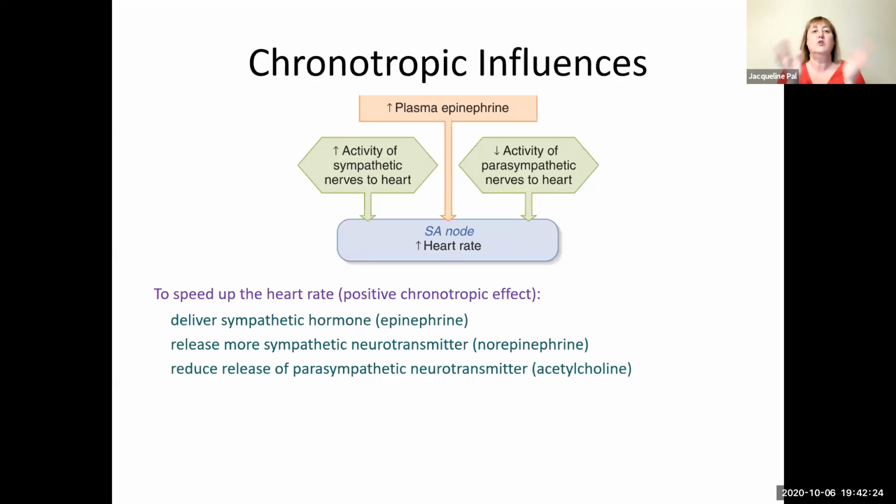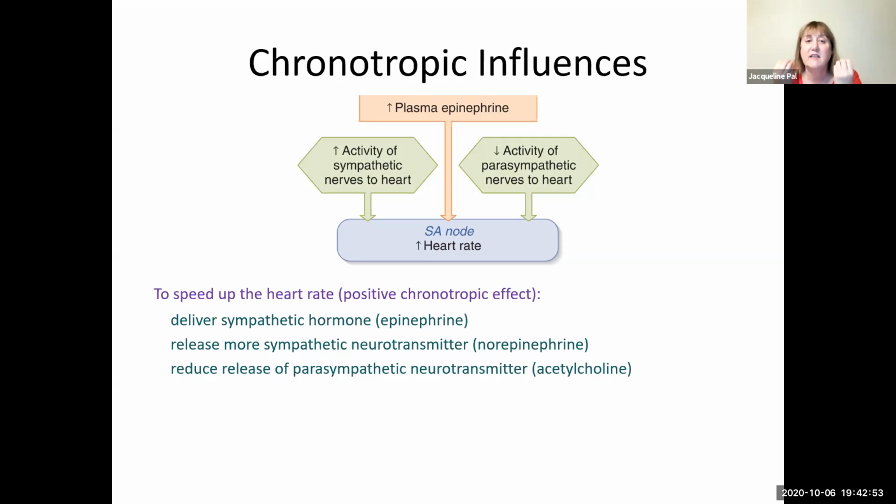Looking at chronotropic influences, in other words, things that increase the heart rate, as we all know, plasma epinephrine and norepinephrine increase the heart rate, as does direct sympathetic nervous stimulation of the heart or decreased parasympathetic stimulation. Since parasympathetic stimulation lowers the heart rate, lowering parasympathetic stimulation would actually raise the heart rate.